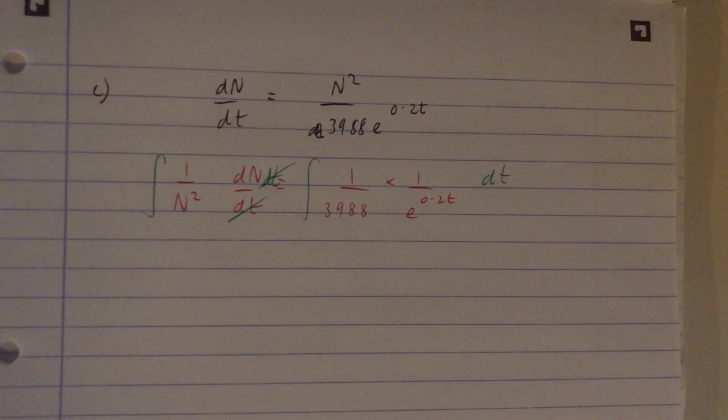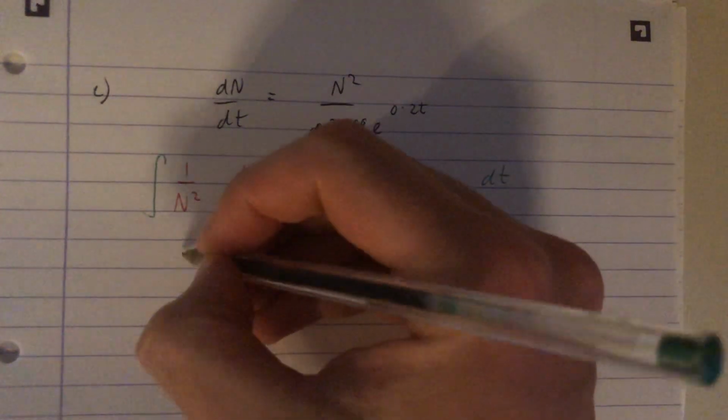And the only time you end up using logarithms is if you've got 1 over n or 1 over x or something like that, really. So your instinct should be, firstly, okay, does index form work? So let's see if it does.